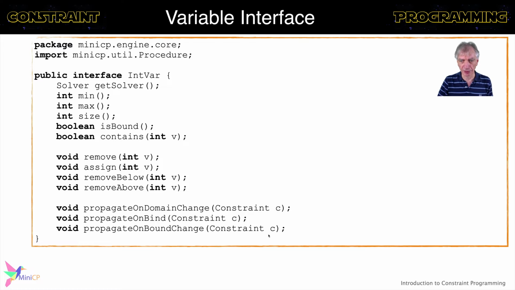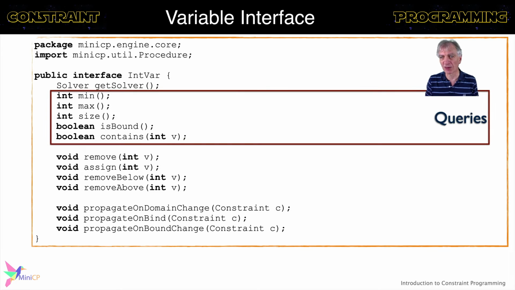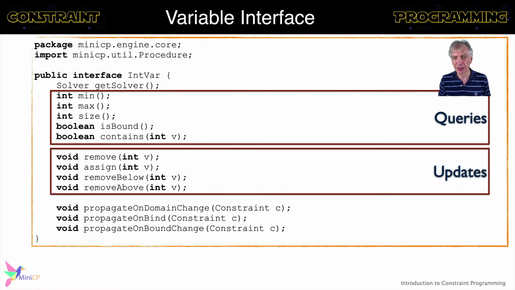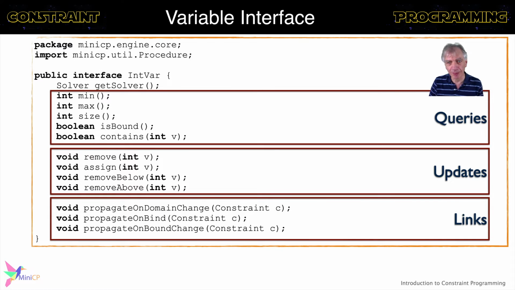And you appear in constraint C, and it has to be propagated as soon as your bounds are changing. That's what these methods are going to be. They're going to tell the variable, you appear in this constraint, please keep track of this. All right, so let's go through these three components of a variable one step at a time: the queries, the updates, and the links between the variables and the constraints.